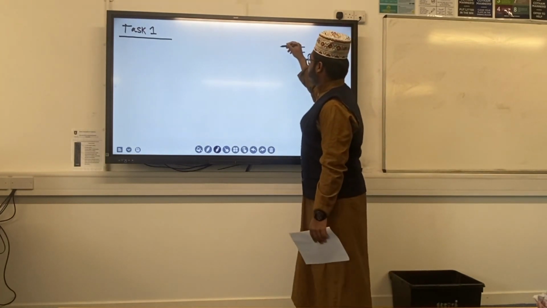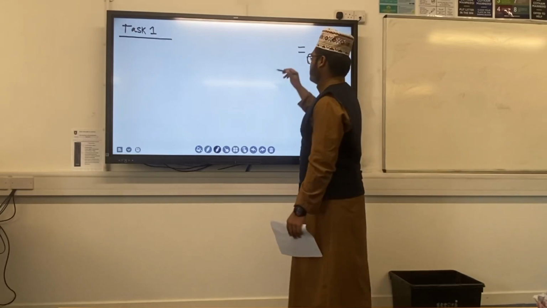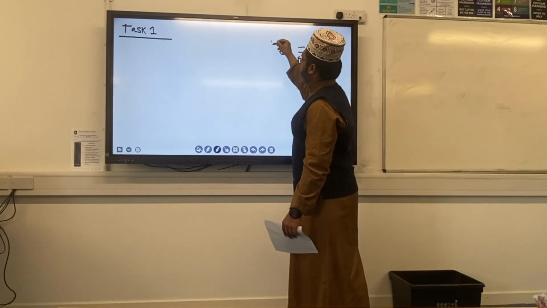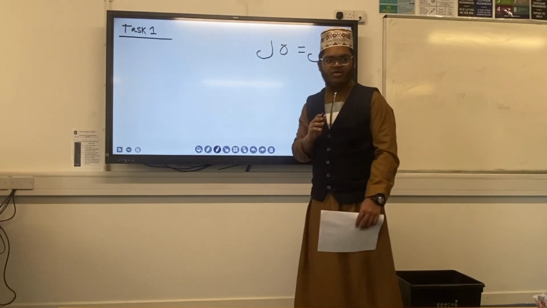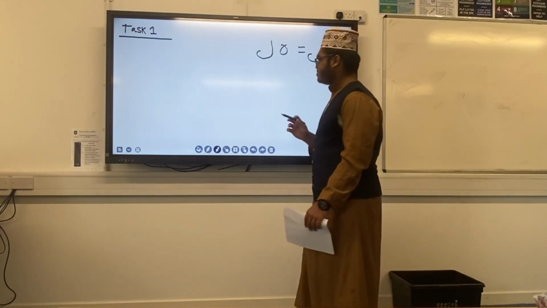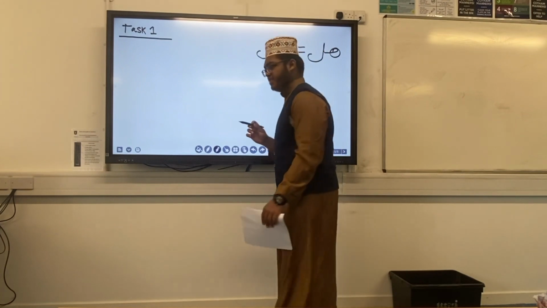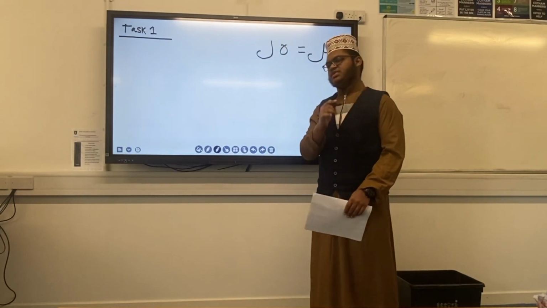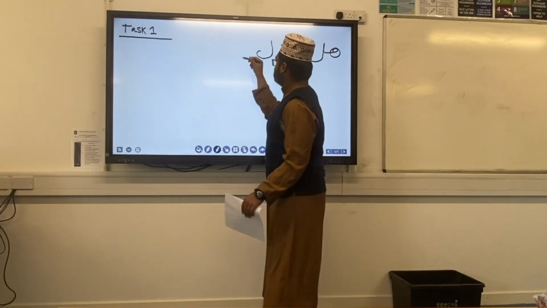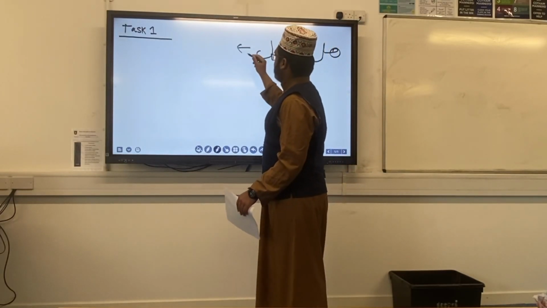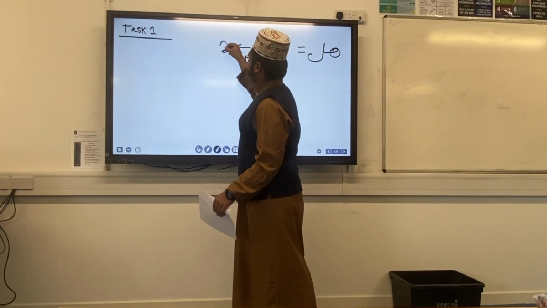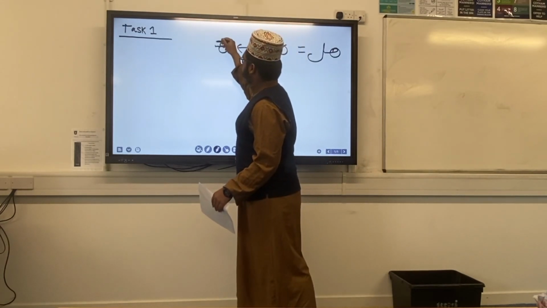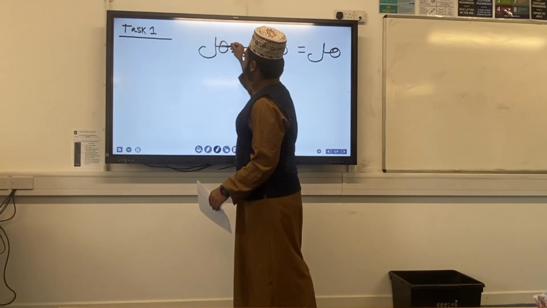So first letter, I'll break it down for everyone as well. So hal, it is made out of a ha and a lam. Everyone get that so far? So if you remember in Arabic, letters, their shape changes when we join them together. So in this instance, the ha, it will be like this, and then the lam will join onto it like this.